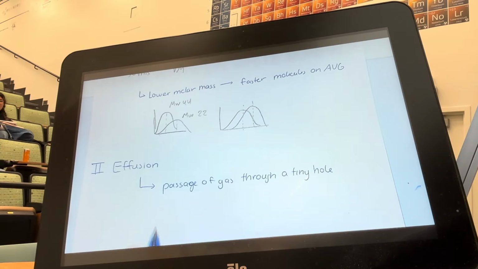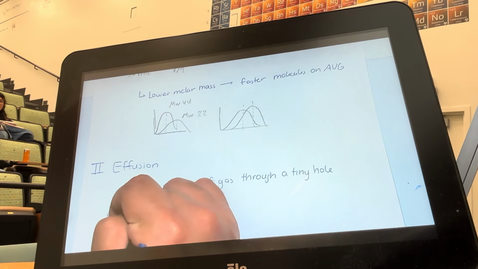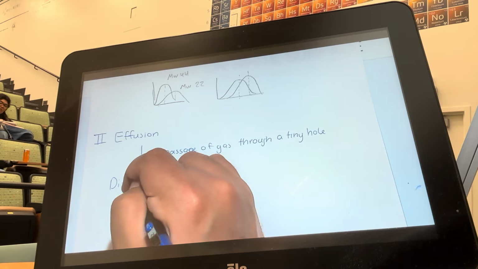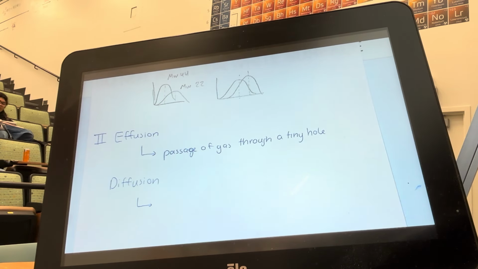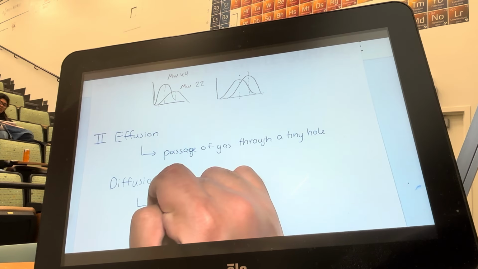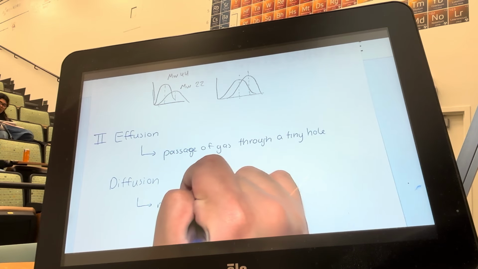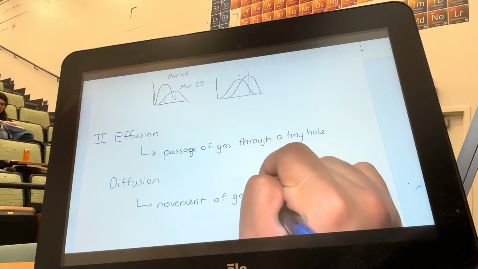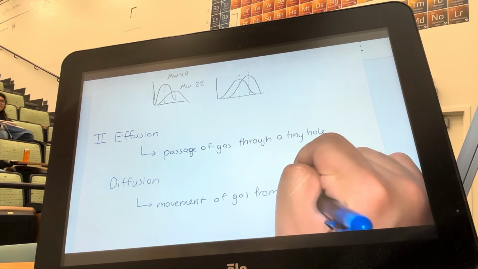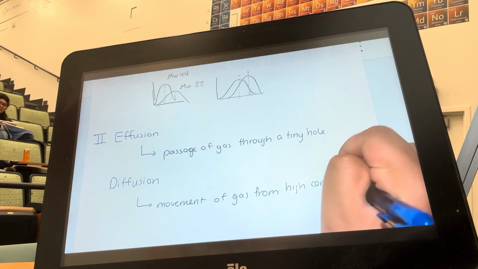The other one, its partner, is something called diffusion. Diffusion is described technically as the movement of gas from high concentrations to low concentrations.